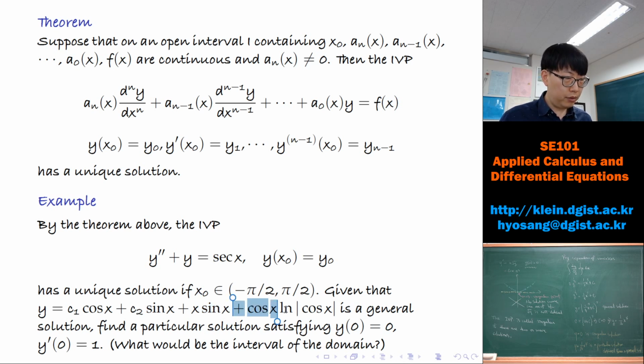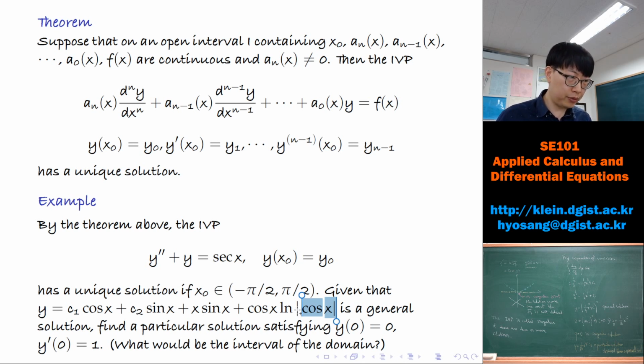But here, now let's look at ln of the absolute value of cosine x. Ln, the log, is defined only on the positive side, right? And now we have an absolute value, but the value of cosine x inside of the log cannot be 0. If it's 0, then the log diverges. So cosine x inside of the log can take a value either bigger than 0 or less than 0.